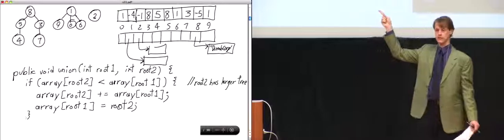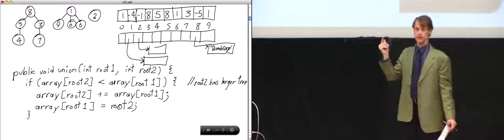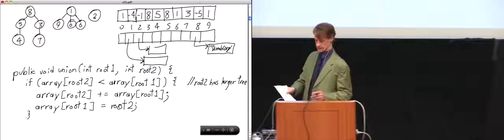If the if statement is false, then we're going to just reverse those two lines of code and make root 1 be the new root of the tree instead.